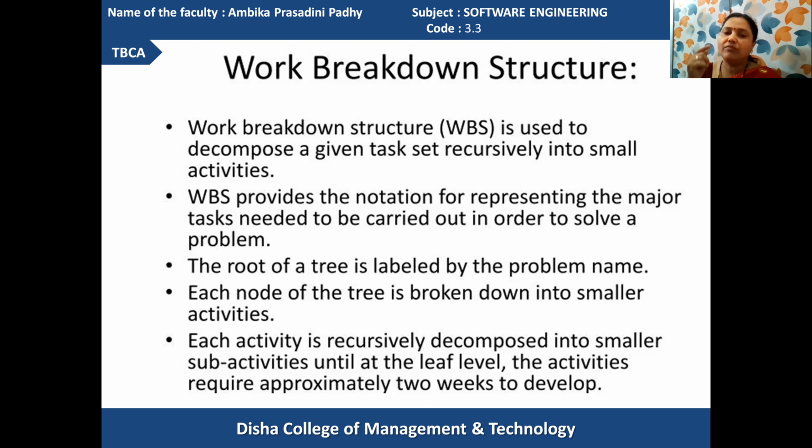And each node of the tree is broken down into smaller activities. The root contains the main problem, then the subsequent children nodes have the broken down smaller activities. Got it? Then each activity is recursively decomposed into smaller sub-activities until, at the leaf level, the activities require approximately 2 weeks to develop. A minimum of 2 weeks, the sub-activities will require to develop.